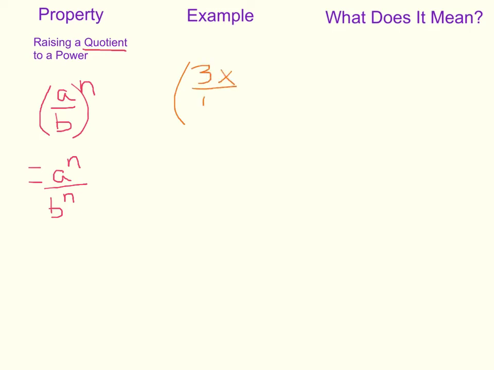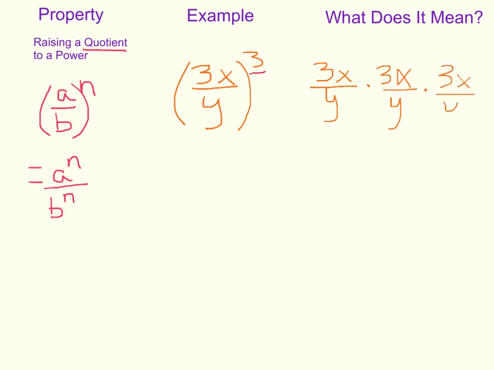3x over y to the power of 3. What does it mean? The exponent on the outside, that 3, means that you have that fraction 3 times. 3x over y times 3x over y times 3x over y.